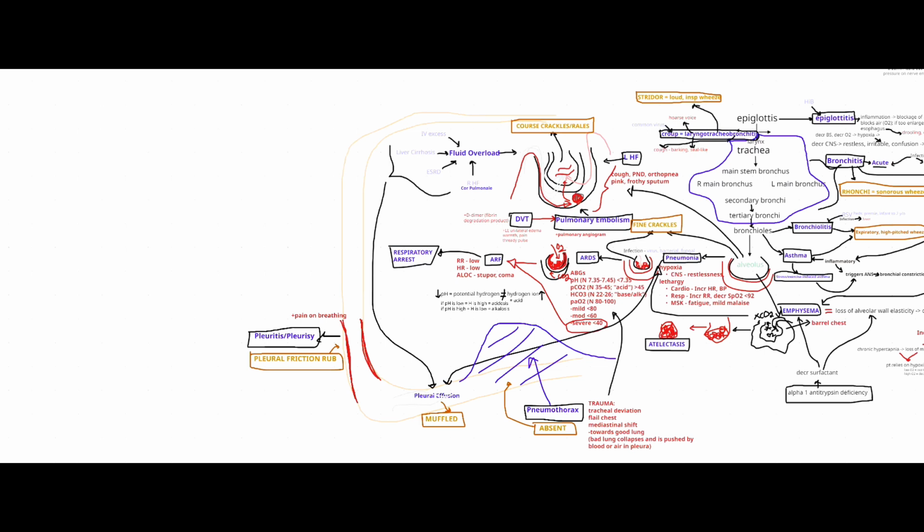The blood doesn't know where to go, so it third spaces, it shifts, okay? And if it has already occupied all of the places inside the lung and there's already pulmonary edema, then it's going to penetrate the pleura and go inside the pleura. So now you have pleural effusion.